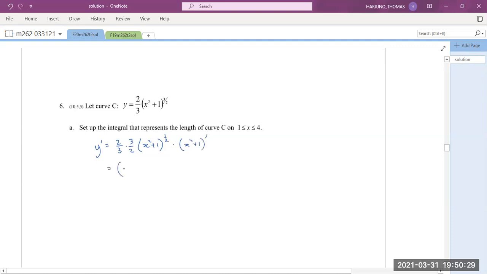That is (x squared plus 1) to the power of 1/2 times 2x. So y prime squared is (x squared plus 1) to the power of 1 times (2x) squared. That's 4x squared times (x squared plus 1).